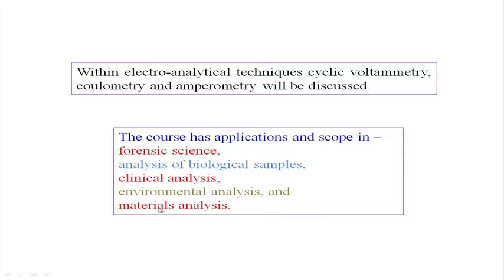Dissolving those materials is a tedious task, but we can study how to dissolve them to get a solution and separate the individual components. With the knowledge of these conventional classical techniques, such as quantitative analysis, and the instrumental techniques, we get a very good idea of the application and strength of analytical chemistry in analyzing any unknown material.